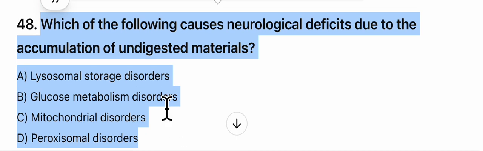Which of the following causes neurological deficits due to the accumulation of undigested materials? A. Lysosomal storage disorders. B. Glucose metabolism disorders. C. Mitochondrial disorders. D. Peroxisomal disorders.